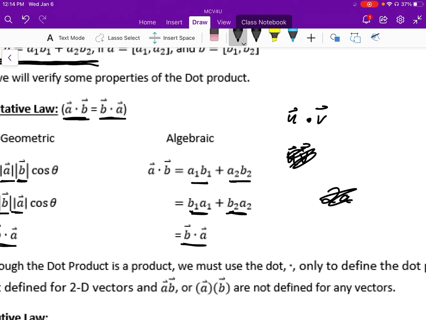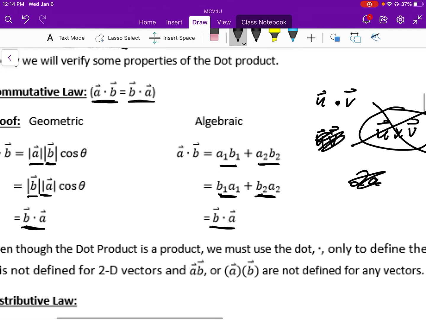Use a dot. We cannot, at this time, use the multiplication symbol, the x between there, because this is not defined for vectors in 2 dimensions. When we get to 3-dimensional vectors, we'll define what that actually looks like. So we're not going to be doing that right now. Just only use the dot.